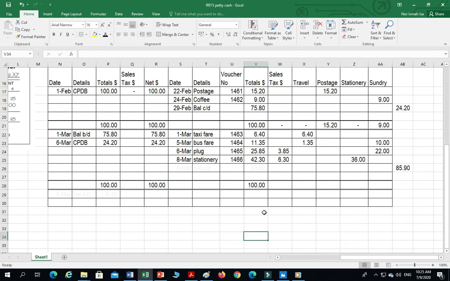Is 100. So the balance, write down, this is 31st March. Balance, so this is not the correct balance.